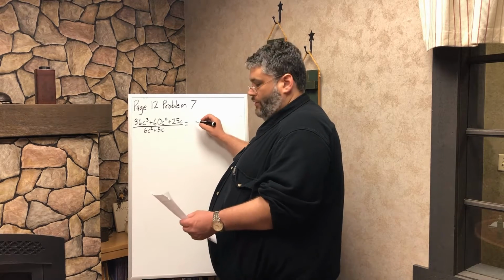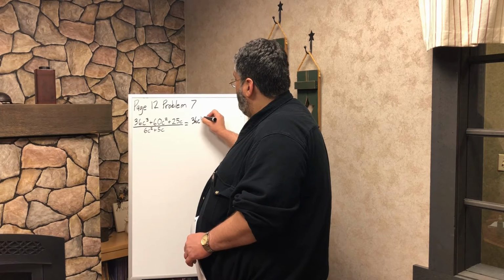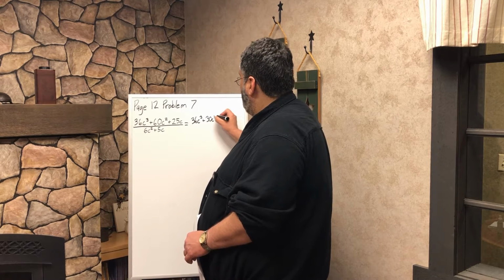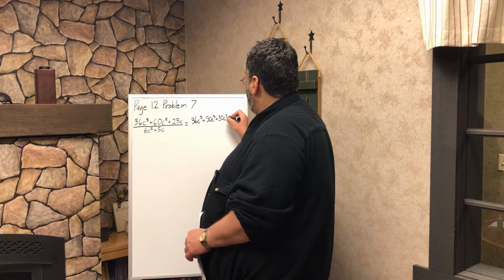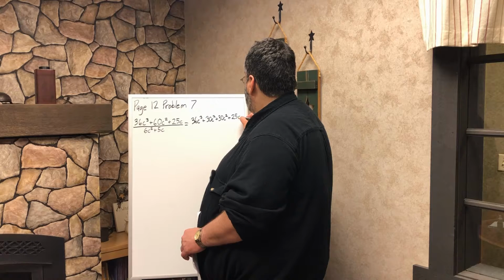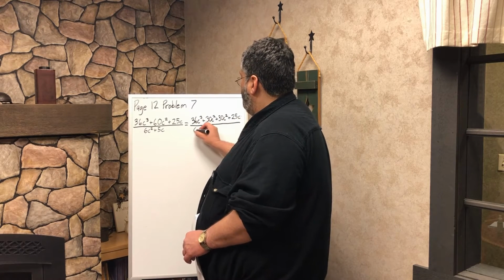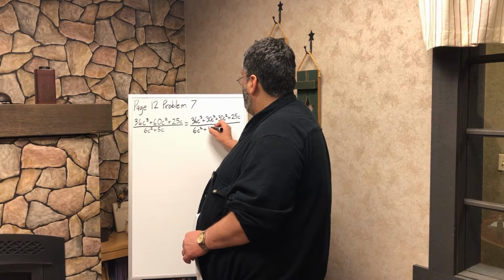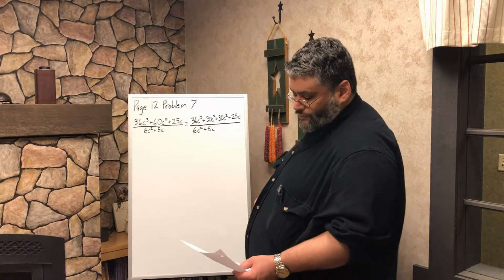And so we get 36c cubed plus 30c squared plus 30c squared plus 25c. This is all over 6c squared plus 5c. So that's what we got there.